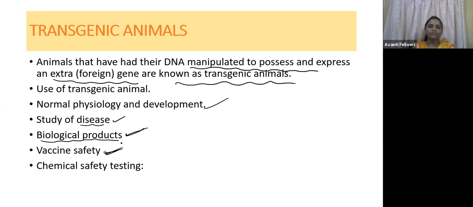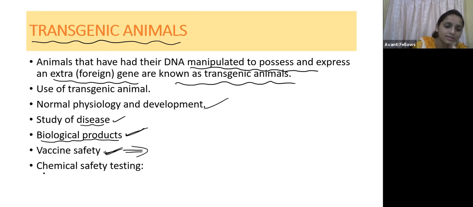It was tested first on cells and then tested on animals. Only then was it given to humans, after succeeding in these two processes. What happens if we give it directly to humans? If there is some resistance or something happens to the humans, it is very problematic. So that's why first they give it to the transgenic animals, and only then to humans.